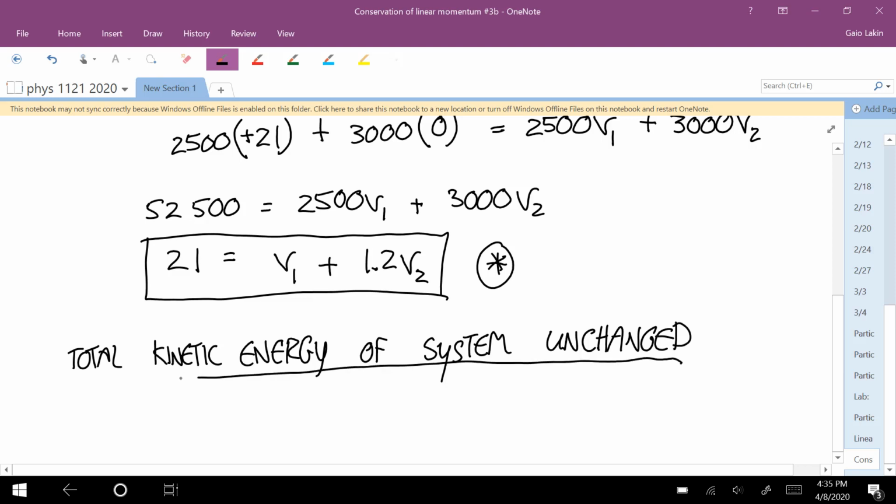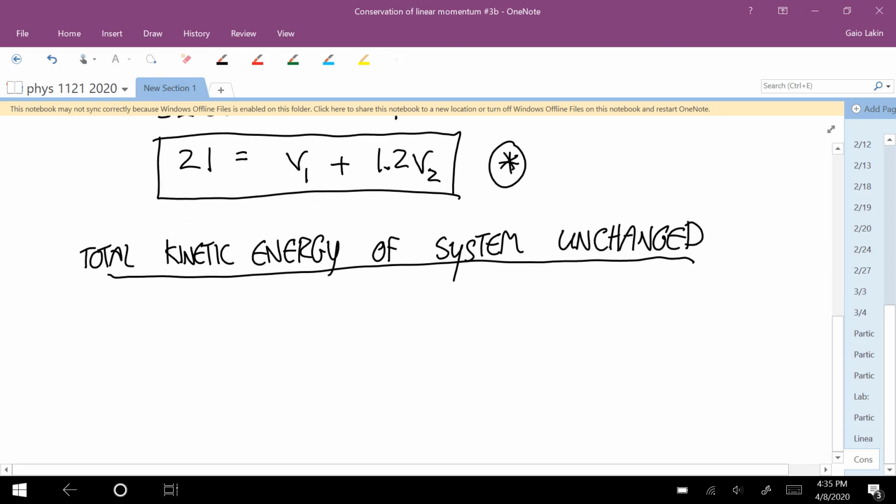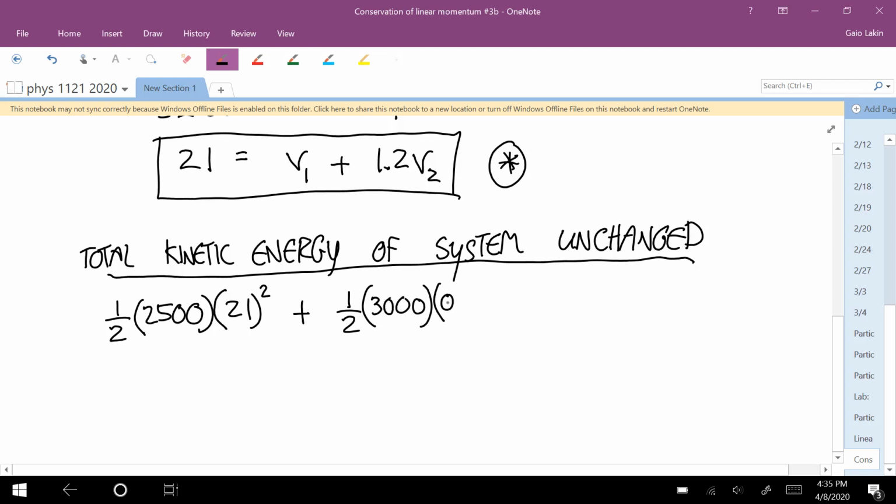All we have to do is add up the kinetic energies before, add them up after, and set them equal. So before the collision, kinetic energy is 1/2 times the mass times the speed squared of the first one, plus 1/2 times the mass of the second one times its speed squared before the collision.